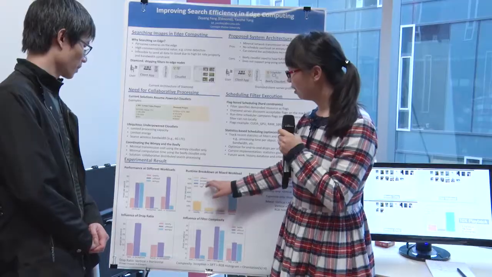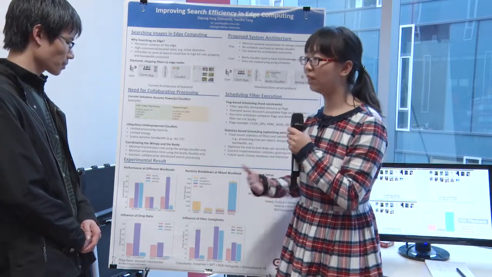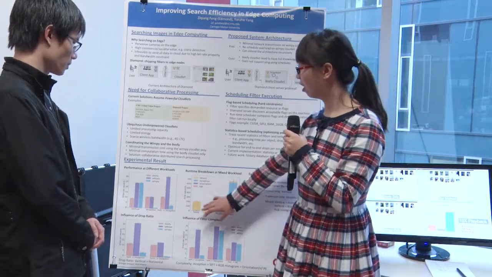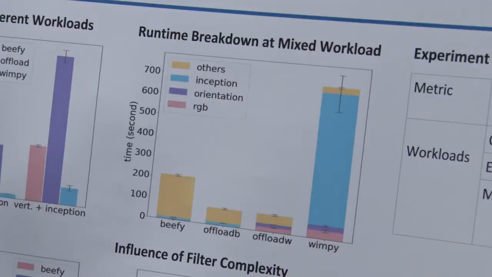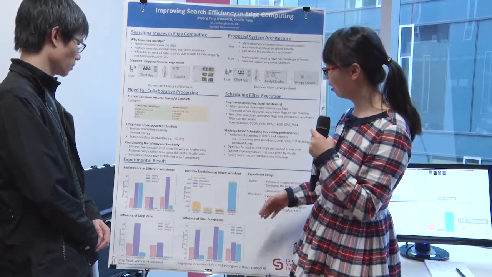So this will include the network transmission or the waiting time at the BV cloudlet. So we can say this takes longer than the offload mode because it will waste a lot of time waiting for the result transmitted from the WinP cloudlet.